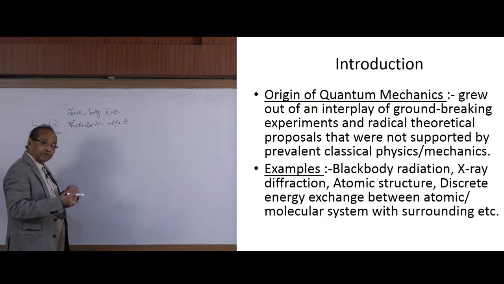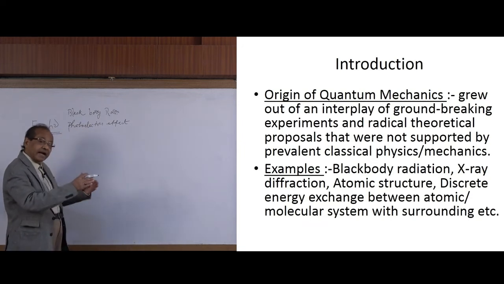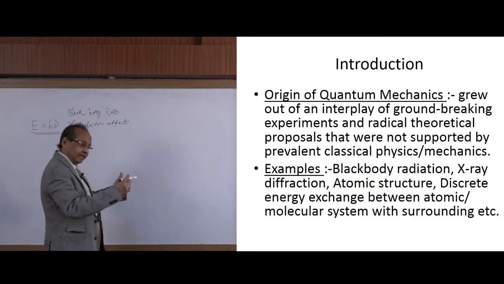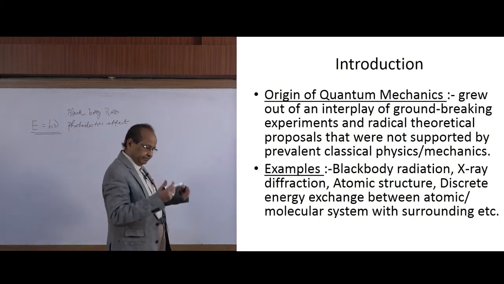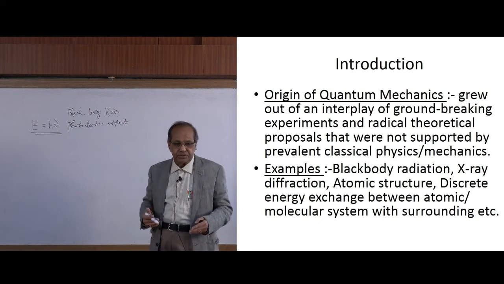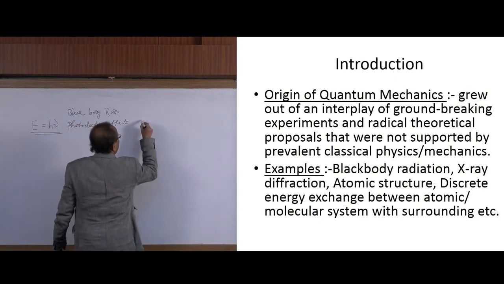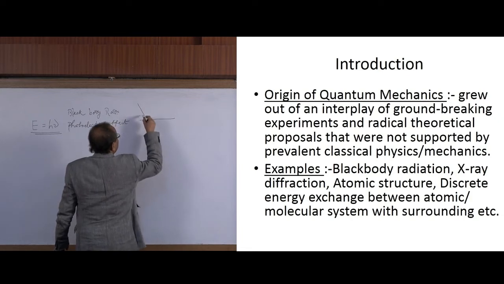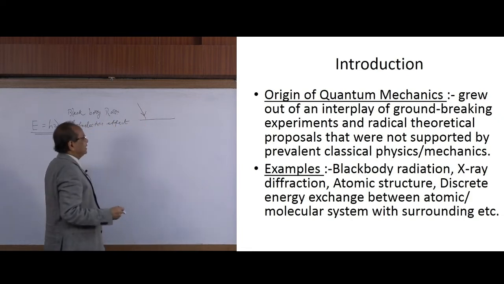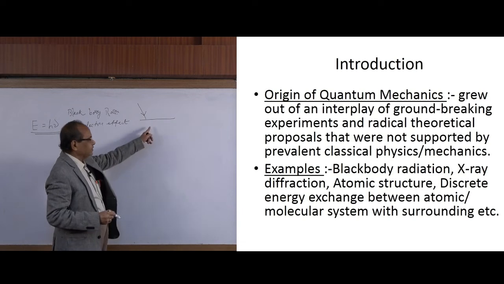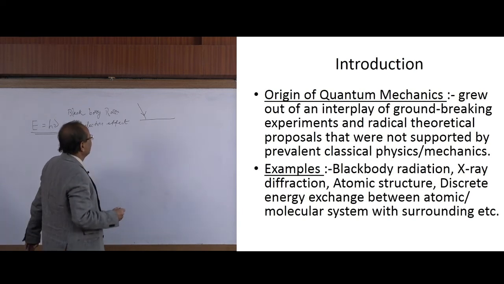So look how the quantum idea is coming, and it is replacing the continuous energy. So what is this? The photoelectric effect is actually that the light beam is coming on a metal surface or any alkali metals.